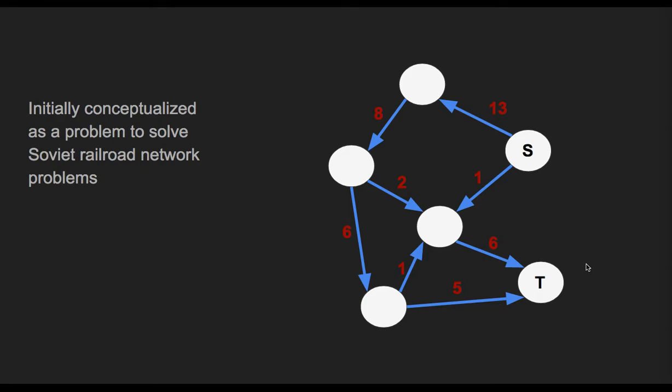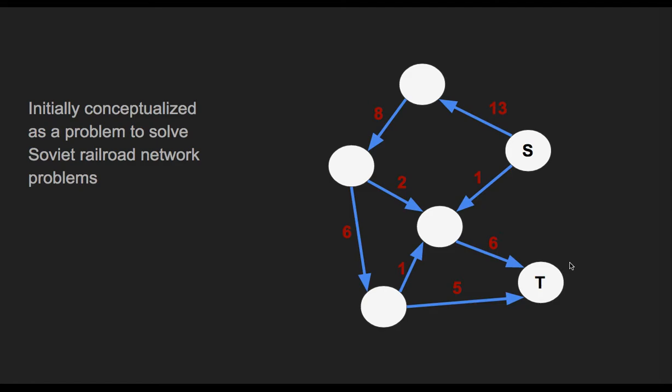This was initially conceived as a problem when thinking about Soviet railway networks, but we can also think of it as pipes in a city's water system or sewer system. We want to get as much from this point to this point as we can, just going along the network.